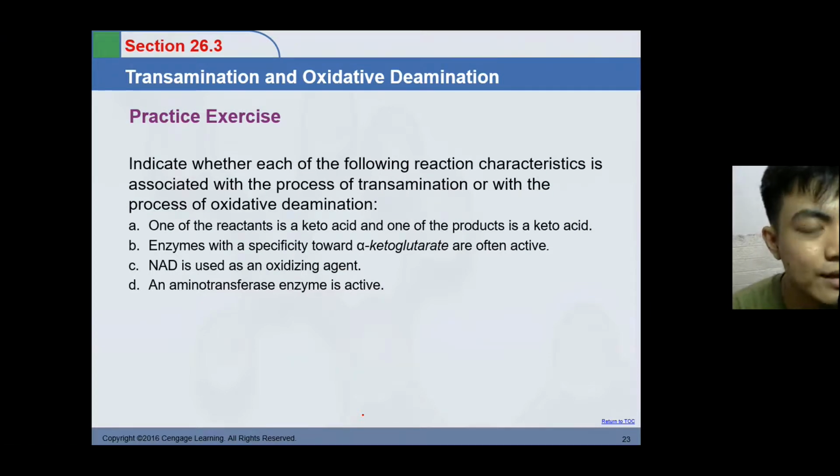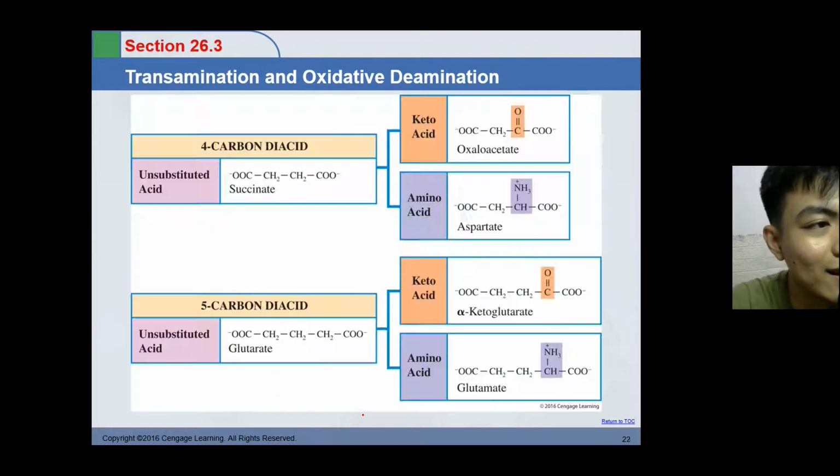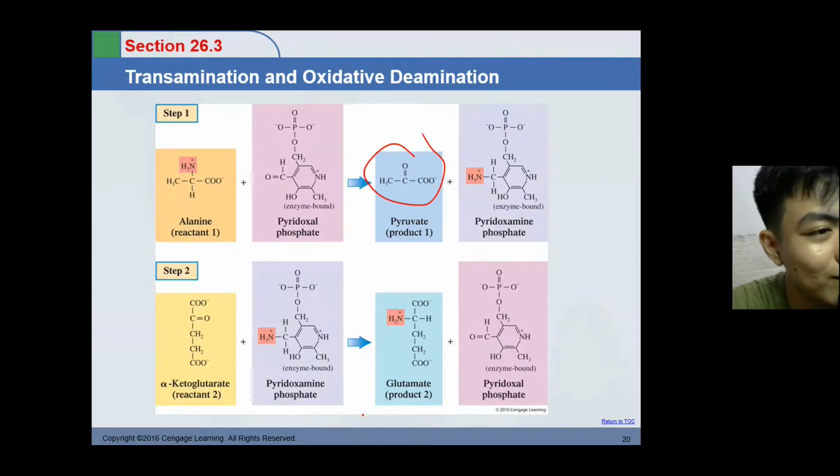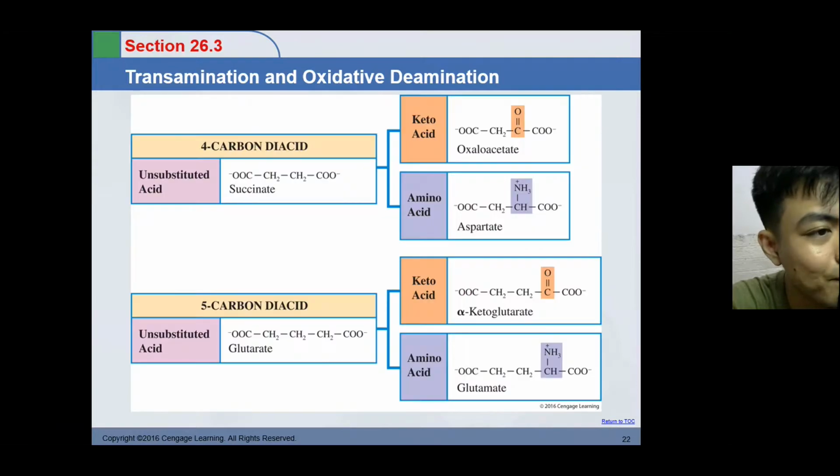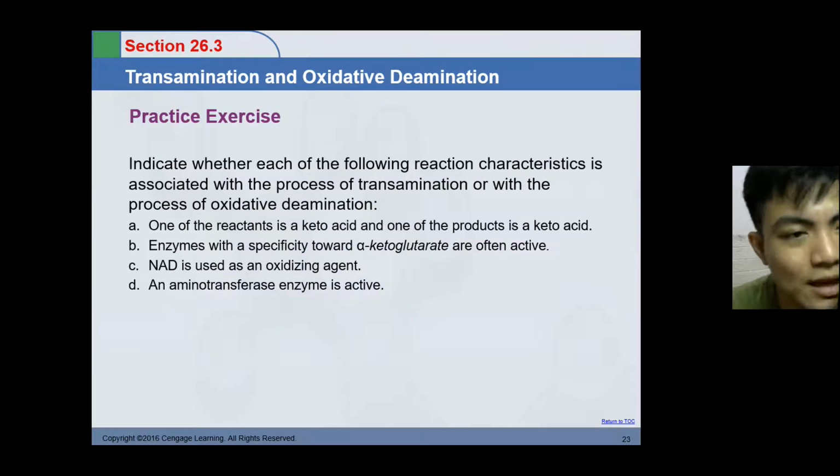Okay, so letter A is transamination. Letter B, enzymes with a specificity toward alpha ketoglutarate are often active. So, ito yung transamination pa rin. Ayun yung sa alanine kanina. Ayan. So, kung makikita nyo, yung enzyme na to, ginamit niya yung alpha ketoglutarate in order to produce glutamate. Okay? So, still transamination, letter B.